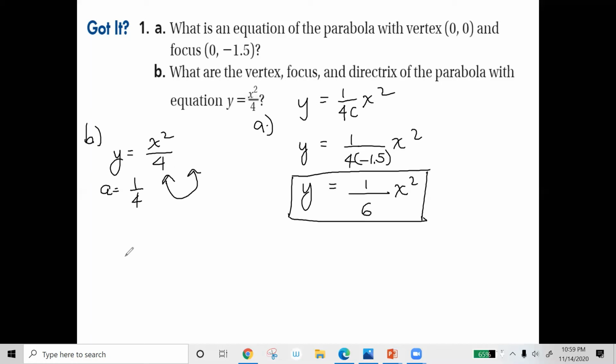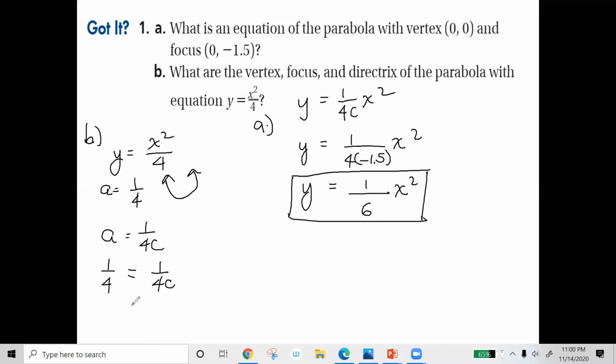Now we have a equals 1 over 4c. Then what is our a from the given? Our a is 1 over 4, which is equal to 1 over 4c.